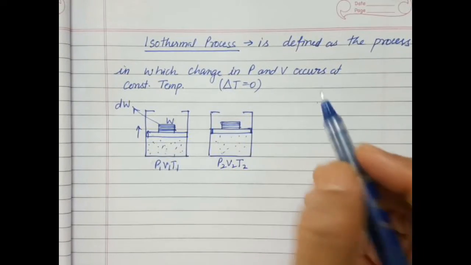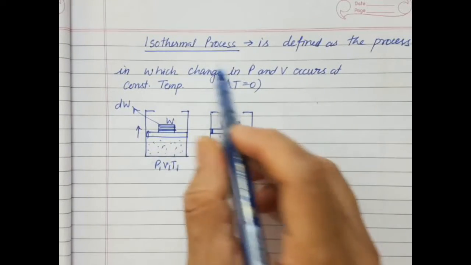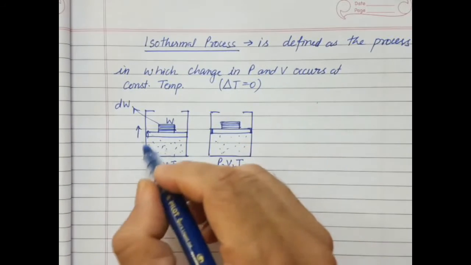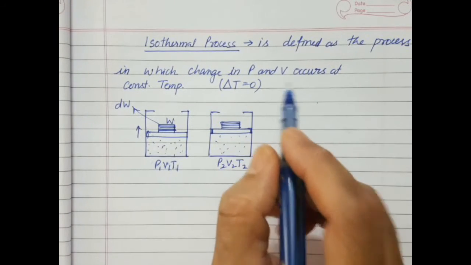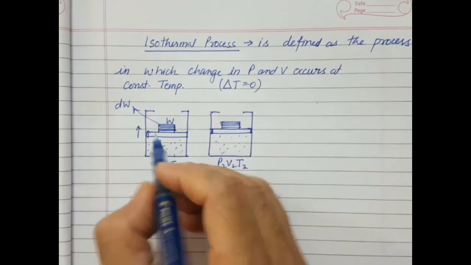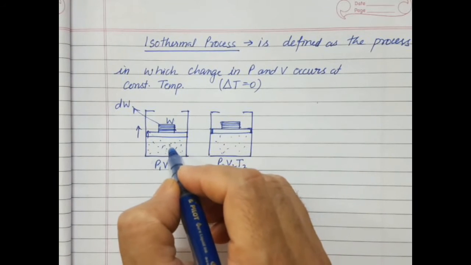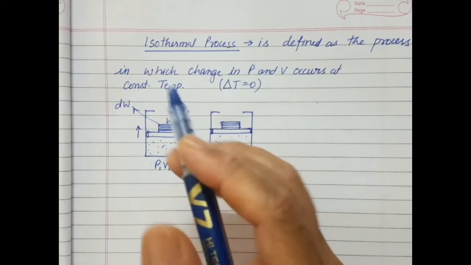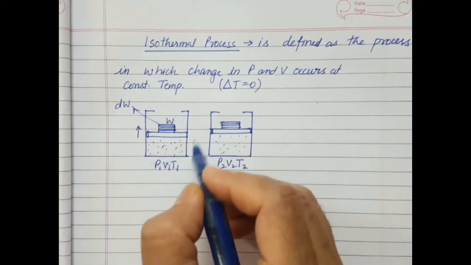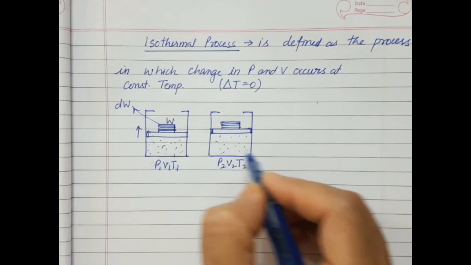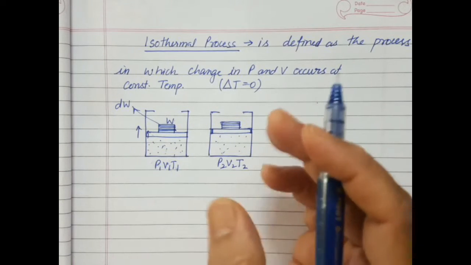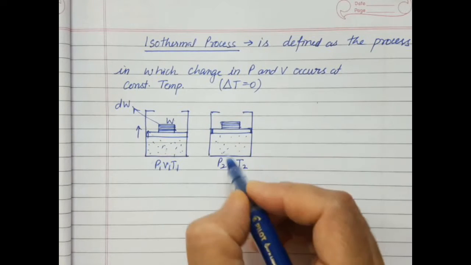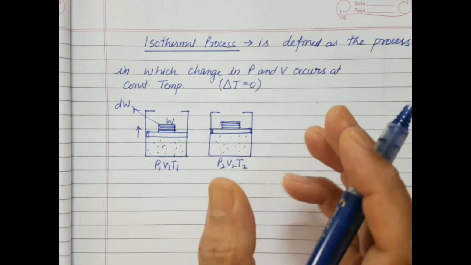Now you must keep in mind that during isothermal process the walls of the system should be very conductive, because when I remove the weight there should not be any change in the temperature. When I remove the weight, the pressure is reduced, and the temperature of the gas may be reduced by some amount.